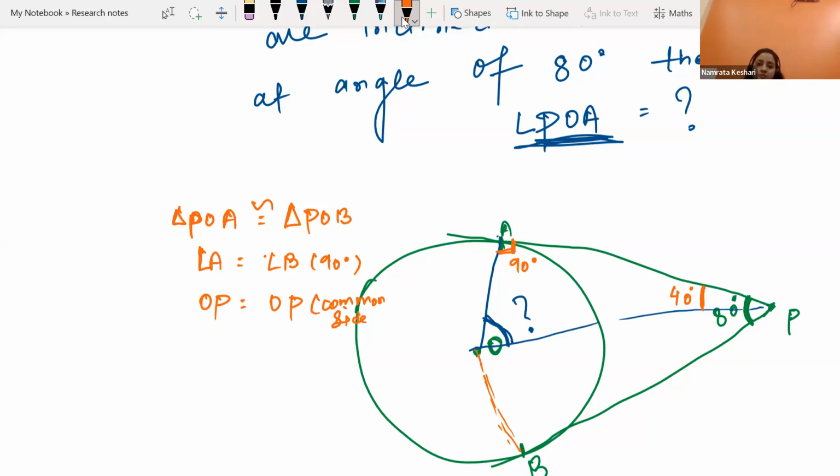Radius. Okay, OA is equal to OB, the radius of the circle. That's why these two angles will be equal, so we can say that angle APO will be half of 80 degrees.